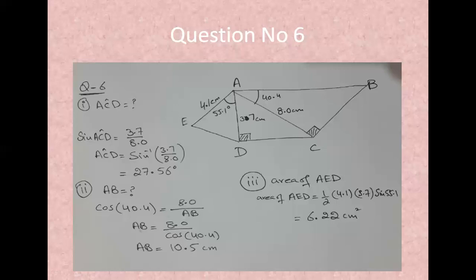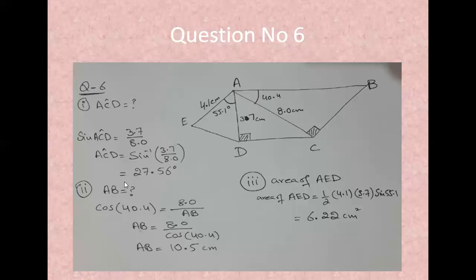The second part of this question, they say find the length of AB. I want to find out this length. I know this is 90, so this is the hypotenuse. I know this angle, that's 40.4 degree. So this is your base, and this is your hypotenuse, and this angle is given. So I can apply cos.